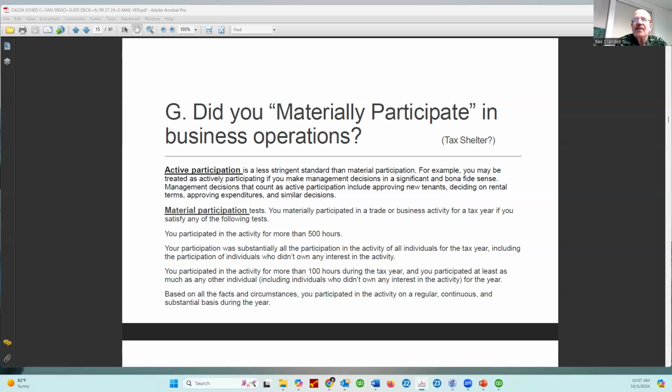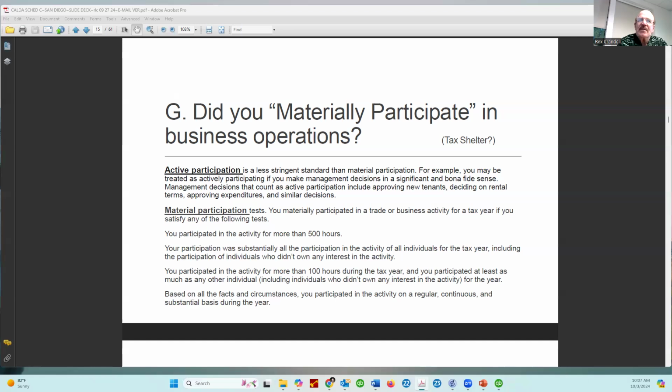You materially participate in the trade or business activity for the tax year if you satisfy the following tests. You participated in the activity for more than 500 hours. Your participation was substantially all the participation of all individuals for the tax year, including individuals who did not own any interest in the business.